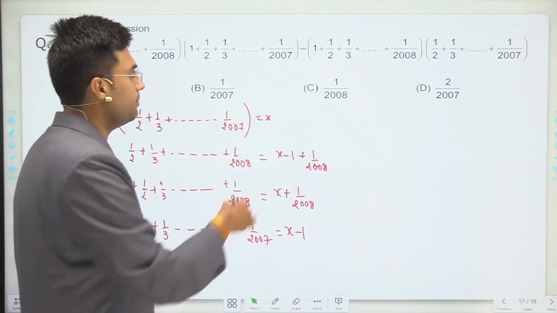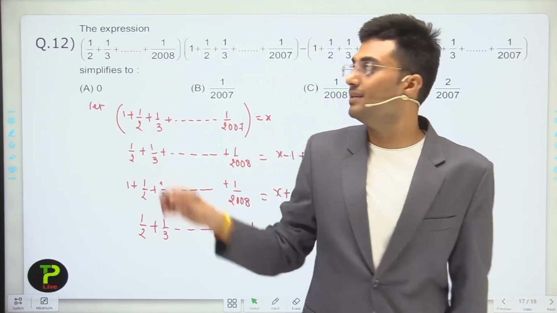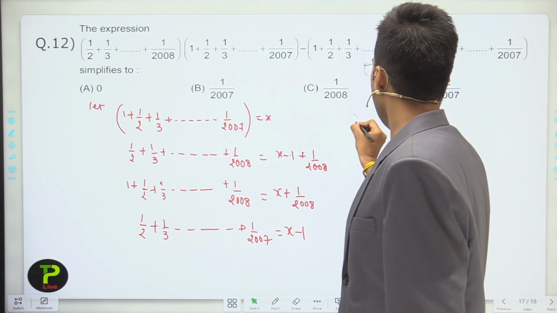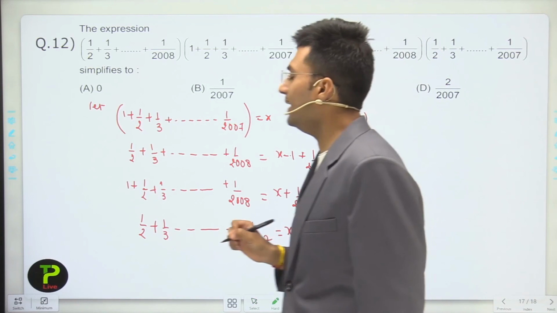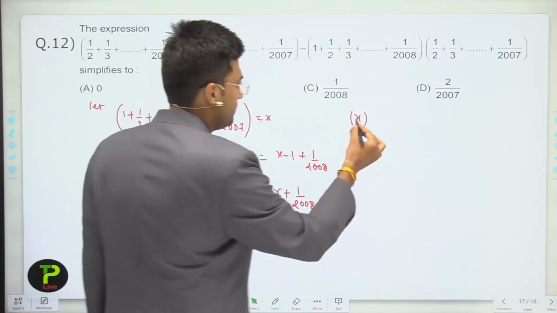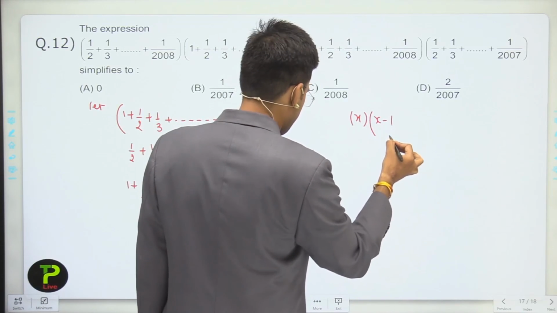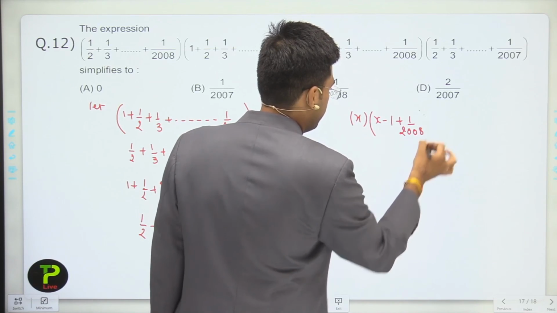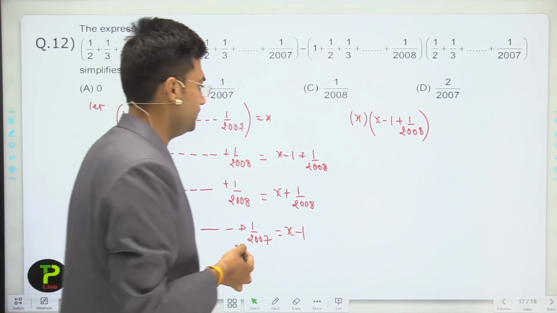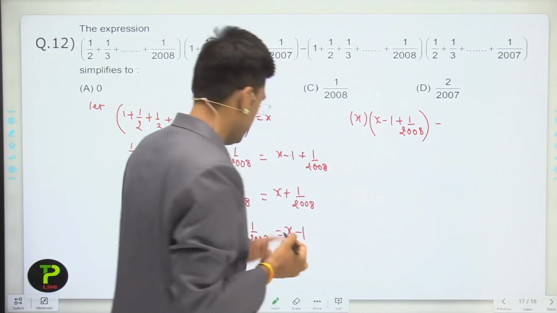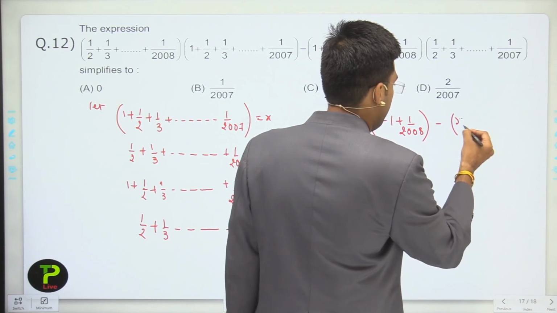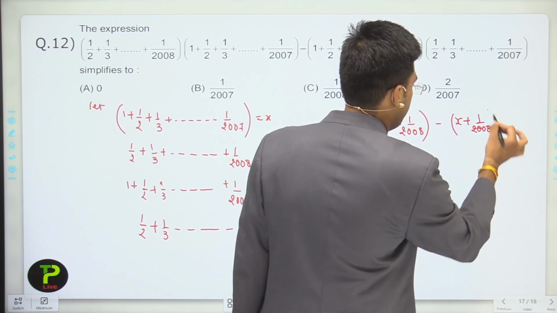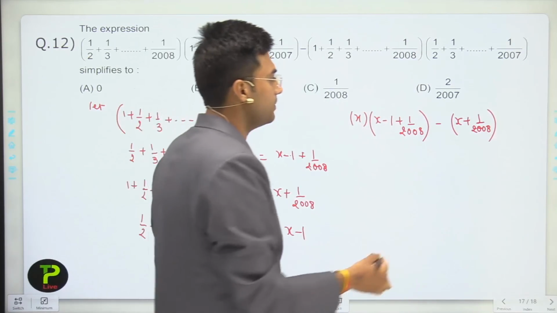So by comparing with the first term, we can write it as x minus 1. Okay. Now replace all these terms in this expression. What will we get? We will get x multiplied by x minus 1 plus 1 upon 2008. Okay. Now minus, next is x plus 1 upon 2008 multiplied by x minus 1.